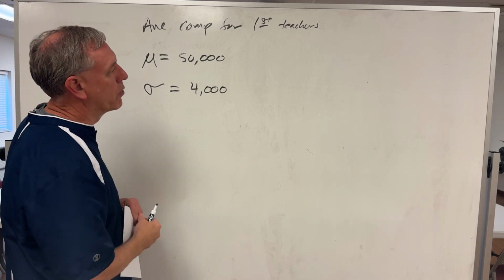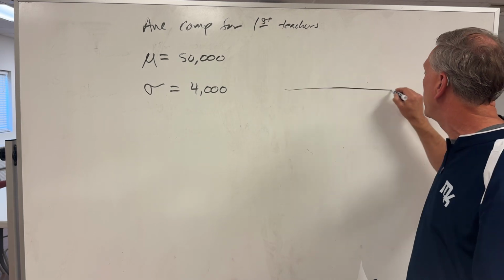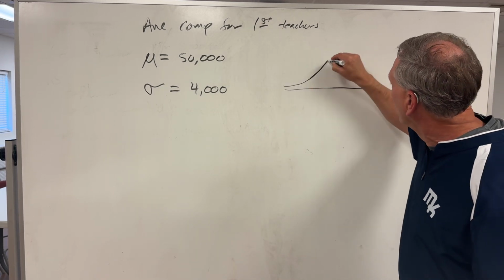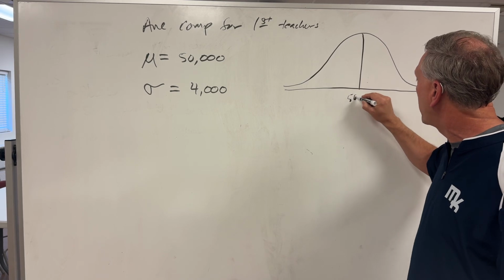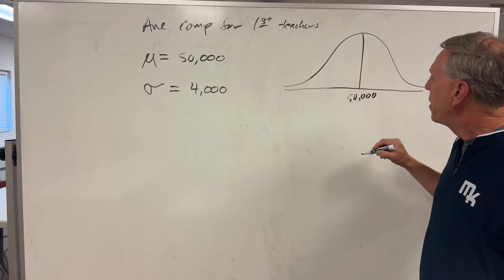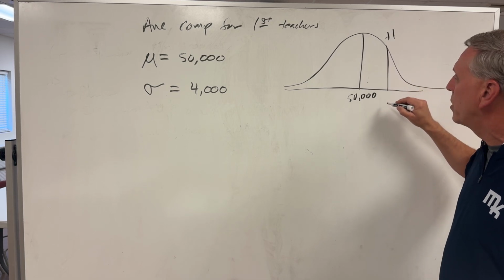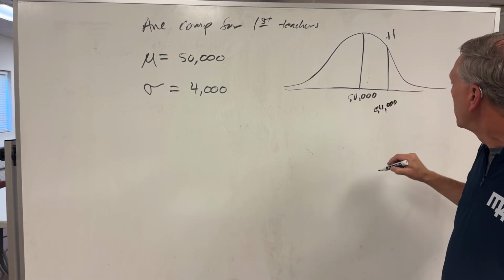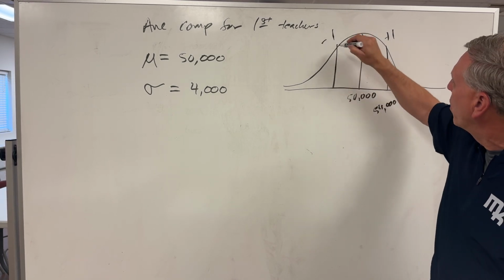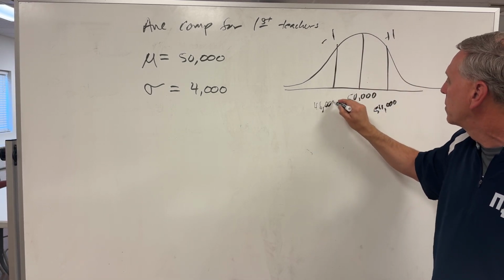If you remember, on the normal curve, which is shaped like this, the center point here is the 50,000. The z factor of +1, one standard deviation above, is 54,000. One standard deviation below, a z factor of -1, is 46,000.